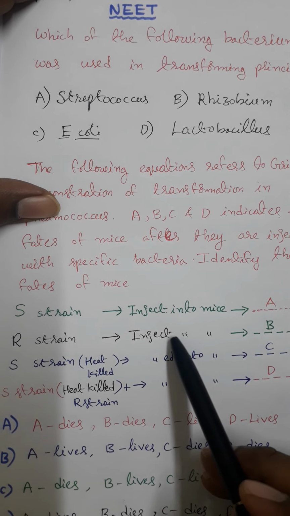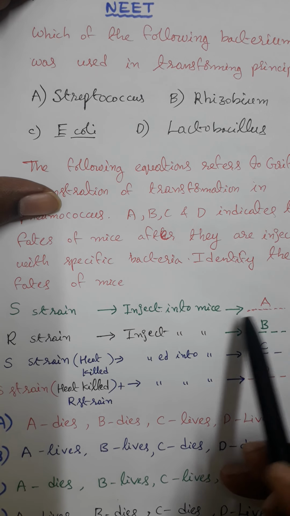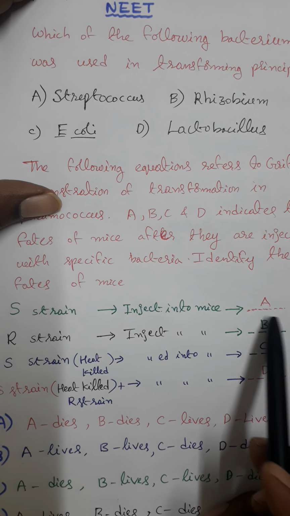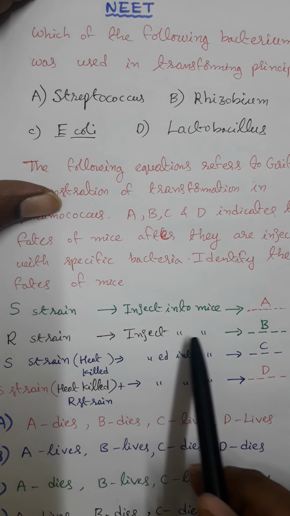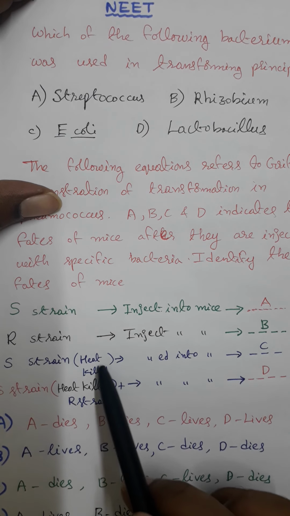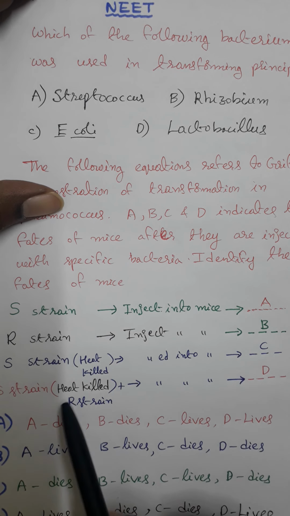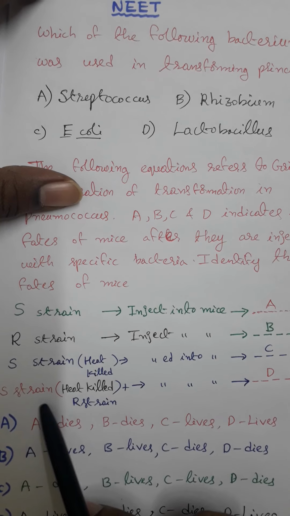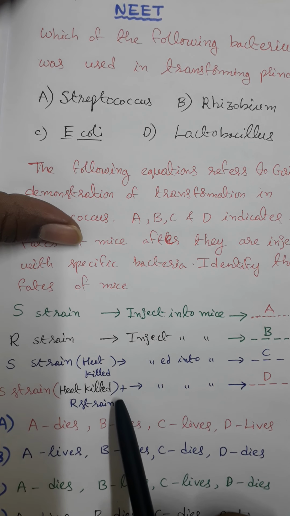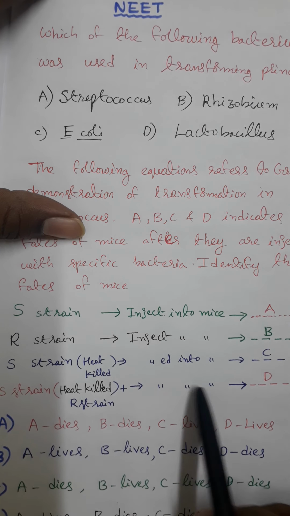S strain injected into mice, it's A; we have to find that answer. R strain injected into the mice. S strain heat killed injected into mice. A mixture of S strain heat killed and R strain live bacterium injected into the mice.